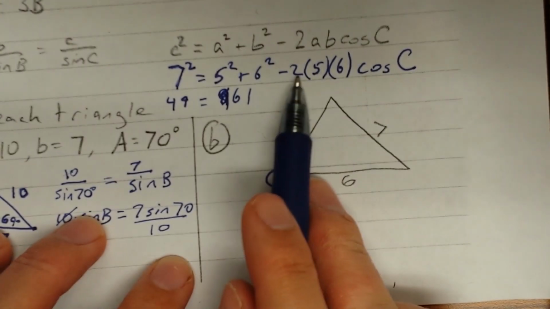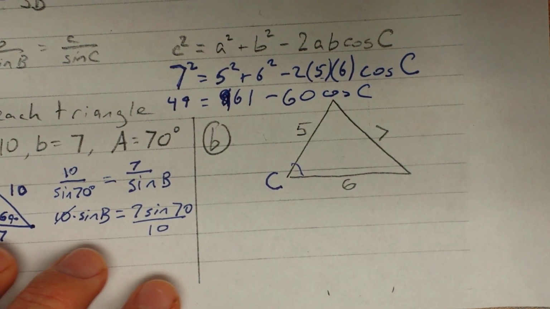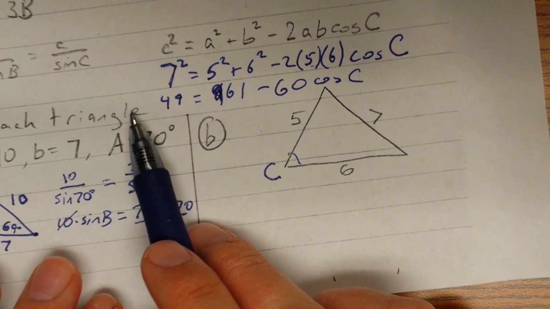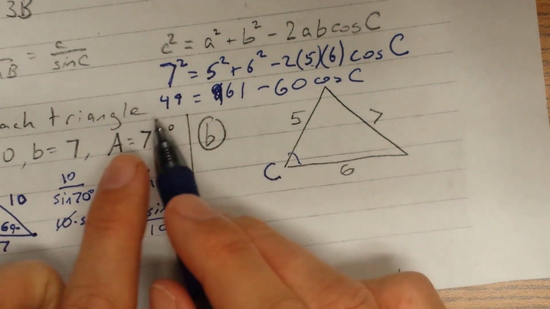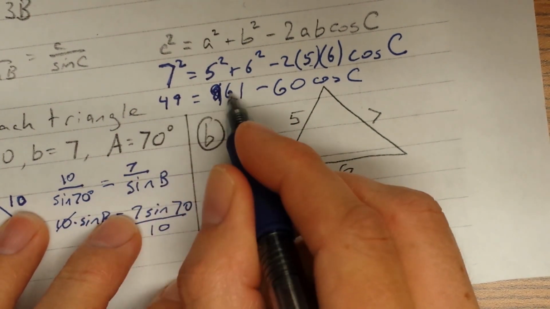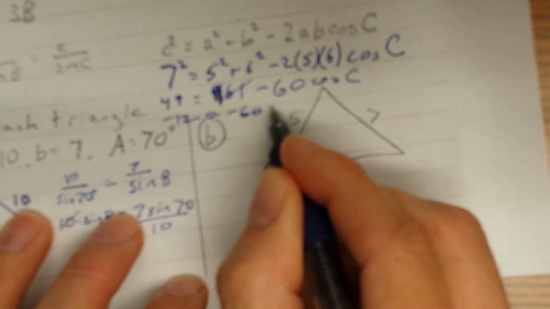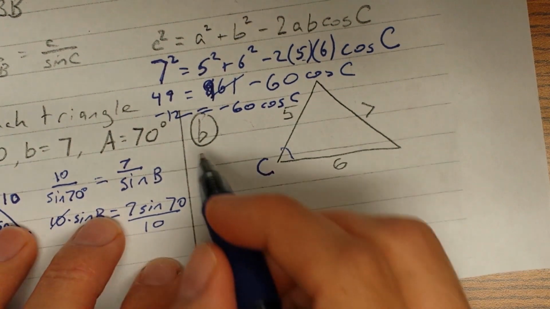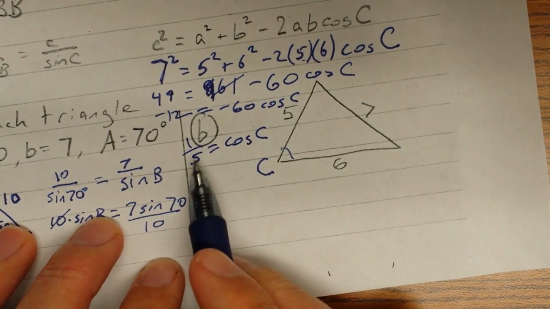And over here, that's 2 times 30, so minus 60 cosine of C. And again, we're solving for this angle C. So instead of subtracting these, we need to subtract the 61 over to the other side. So subtract 61 from both sides, that'll give you a negative 12 over here. So negative 12 equals negative 60 times cosine of C. Then divide, and you'll get 1/5. So 1/5 equals cosine of C.